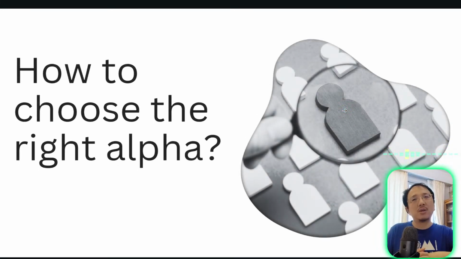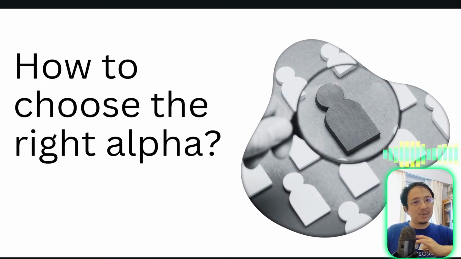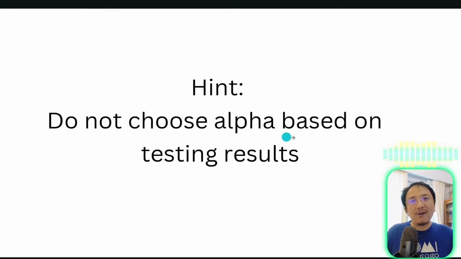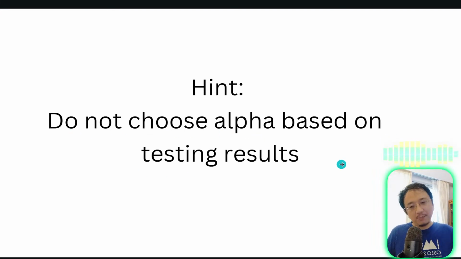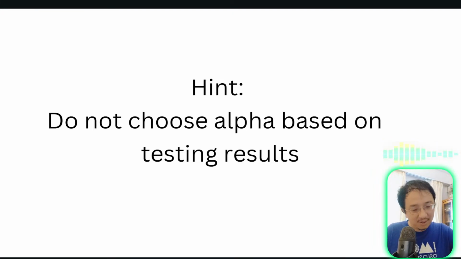So how do we choose the right alpha? You probably think it's simple, it's easy. We just run through all the different alphas and see which one has the best test performance. But the thing is, you cannot do that. You should not do that. Do not choose alpha based on the testing results, because if you do so, you are practically overfitting the alpha on the testing data.